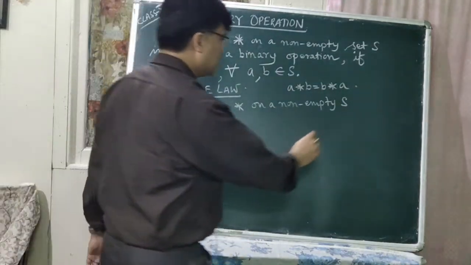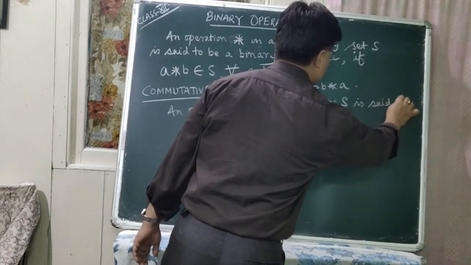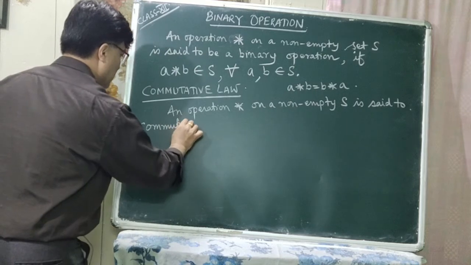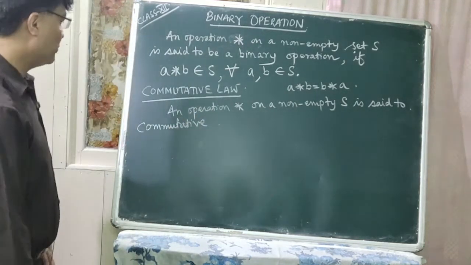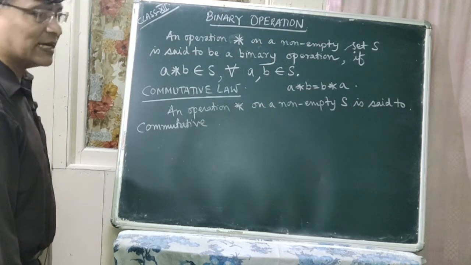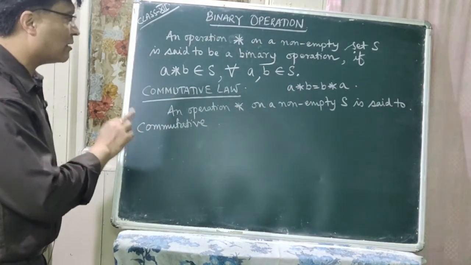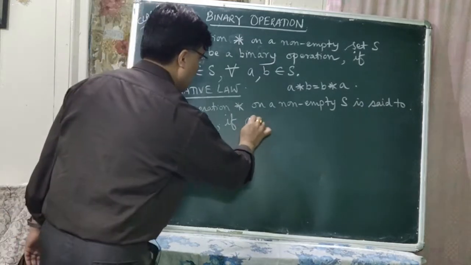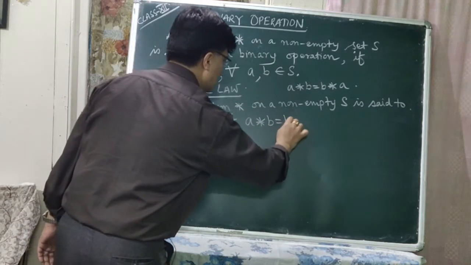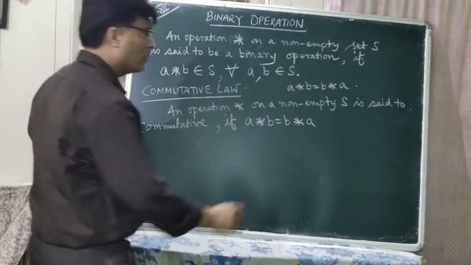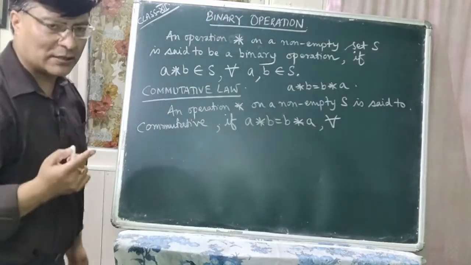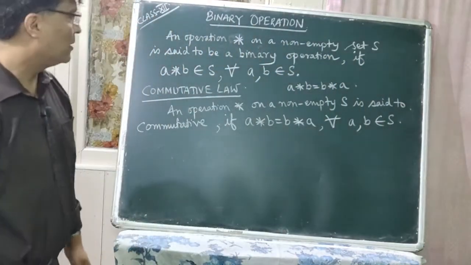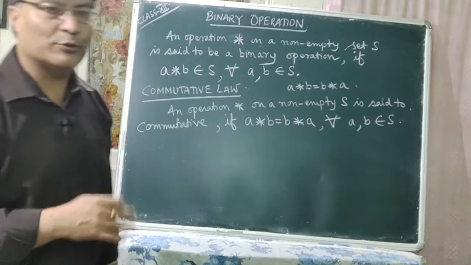An operation star on a non-empty set S is said to be commutative if A star B is equal to B star A for all A, B belongs to the set S. So this is the definition of commutative law or commutative property.